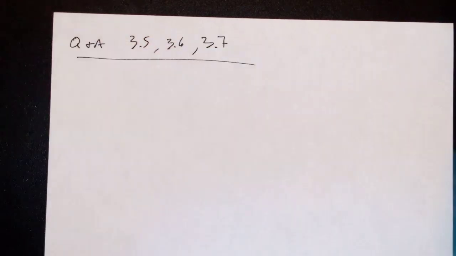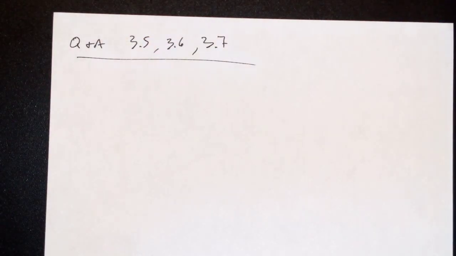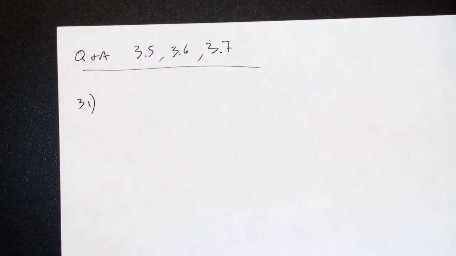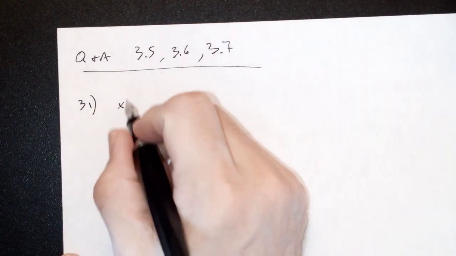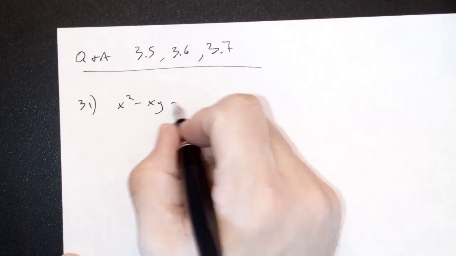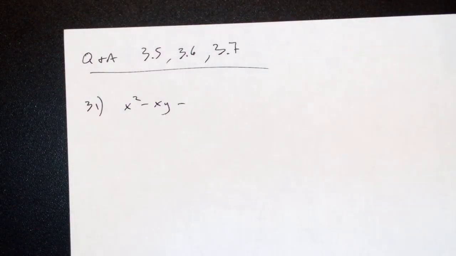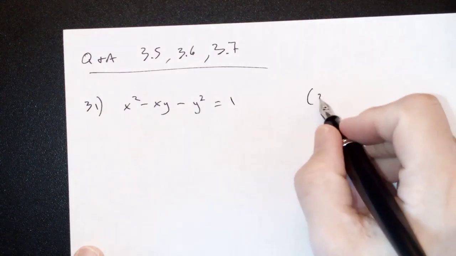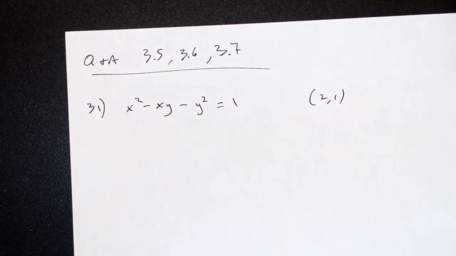Let me copy down that equation: x squared minus xy minus y squared equals 1 at the point (2, 1).